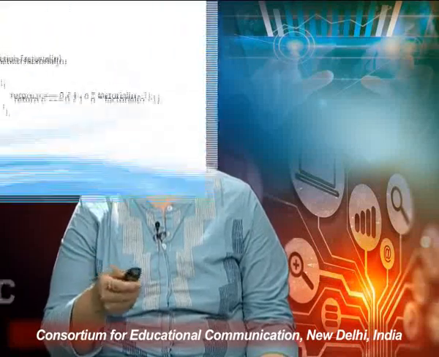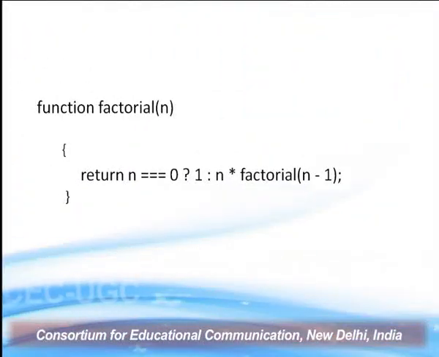Now we have a module which is factorial. We need to return 1 if n equals 0, and if n is not equal to 0, we return n into factorial of n minus 1. So here the module factorial of n is calling factorial of n minus 1.